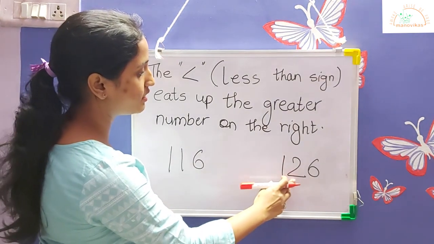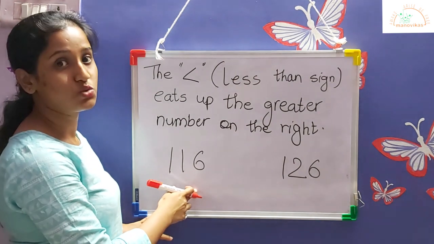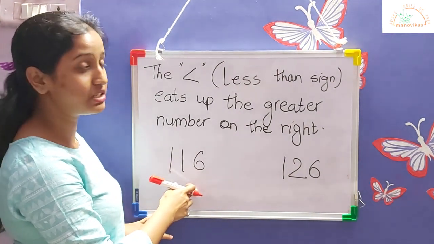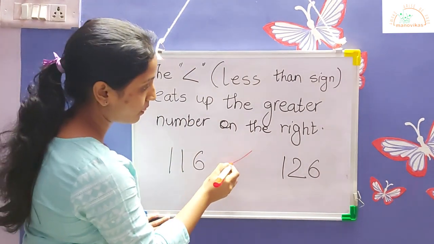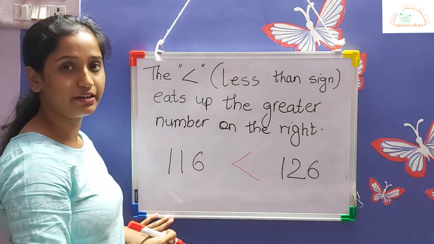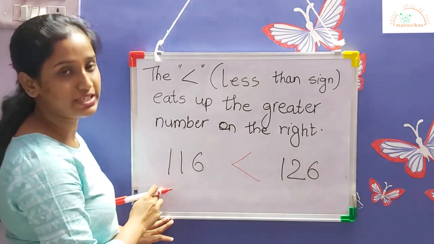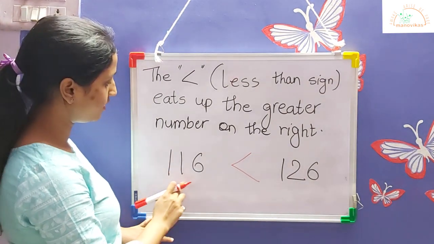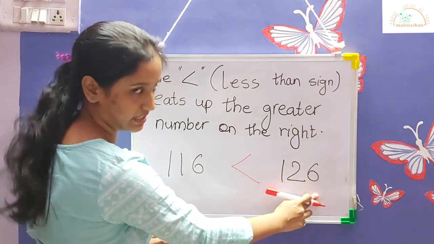We have 126 greater than 116. So we need to use the less than sign towards 126. So we say that 116 is less than 126.